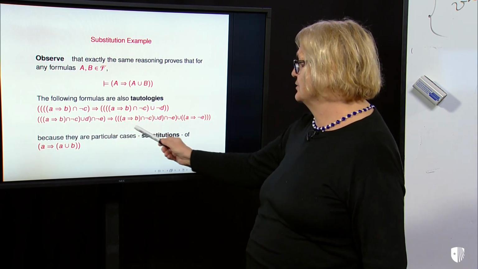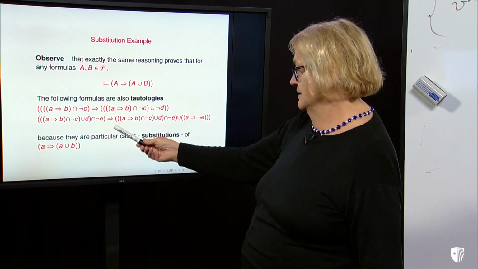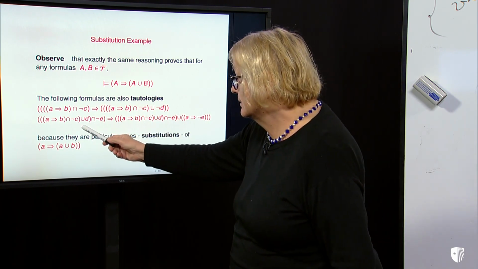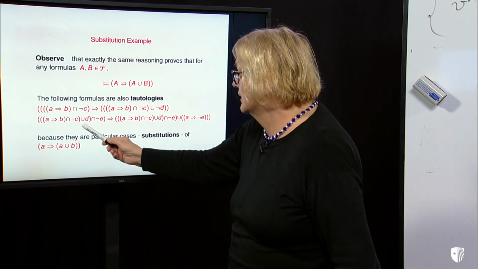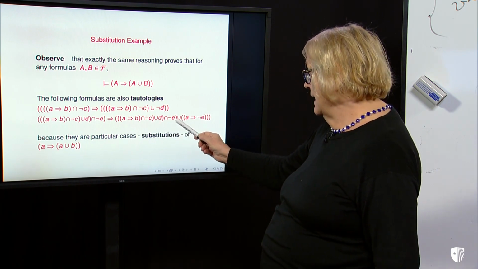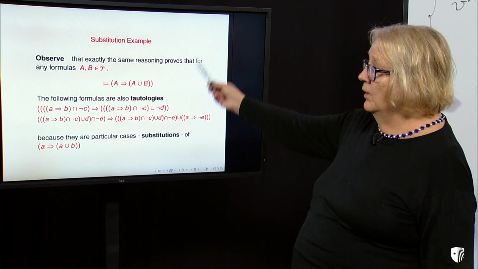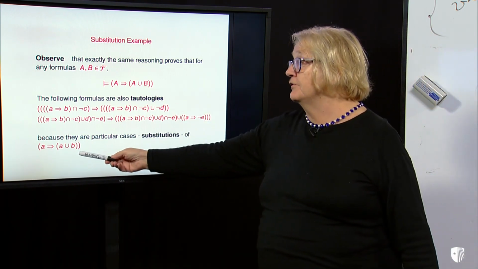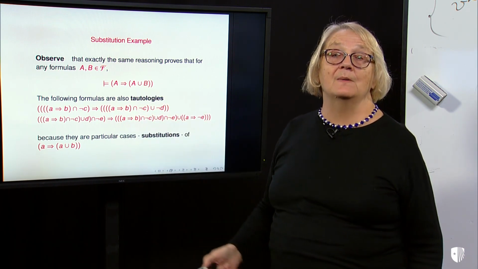This is A, repeated here, and this is B. They are all particular substitutions of this formula. This is a substitution, this is the general schema.